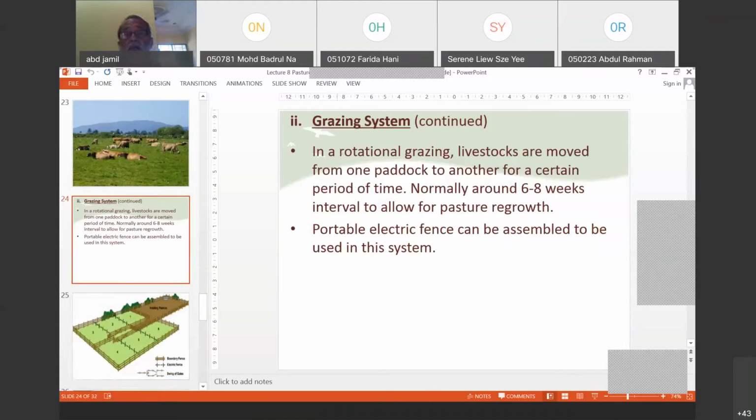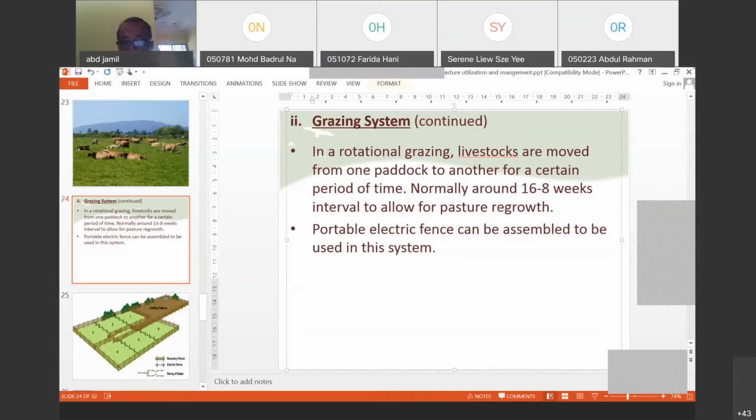So in the rotational grazing, I mentioned earlier, livestock are moved from one paddock to another for a certain period of time. Normally around 6 to 8 week interval. Actually, it's normally only about 1 week interval in each paddock.